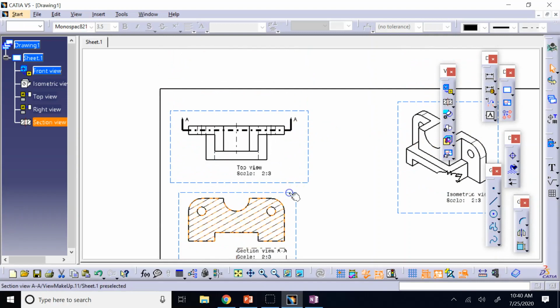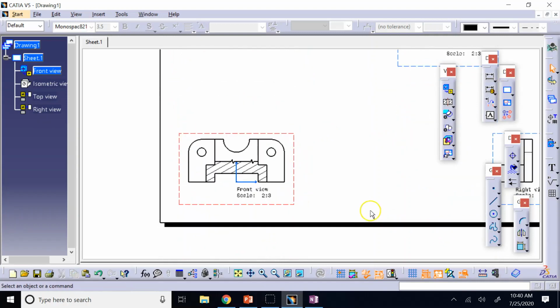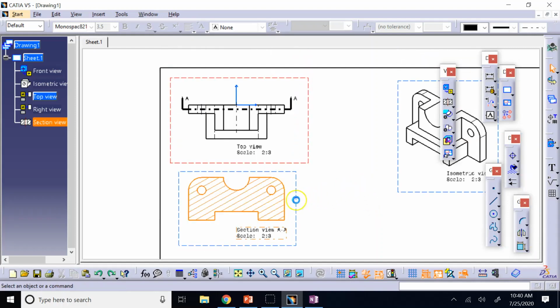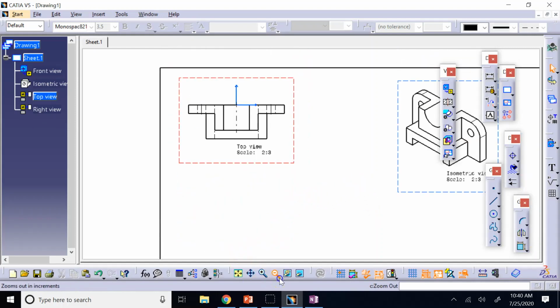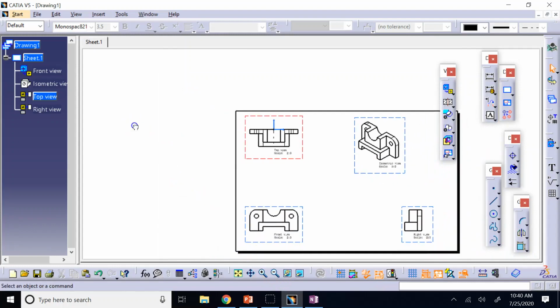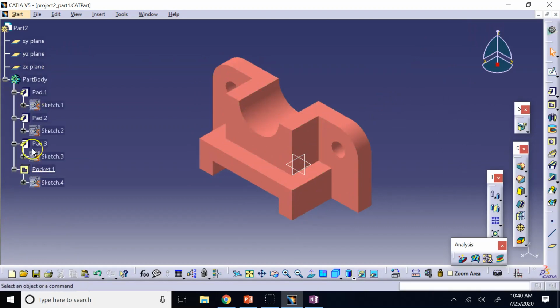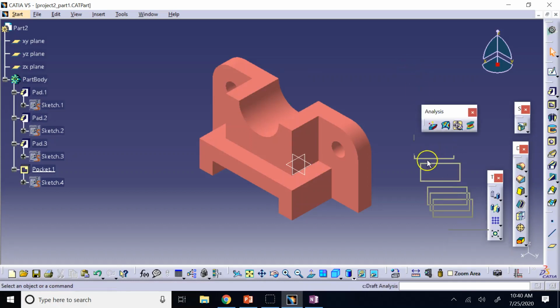So what I would do here is let me undo this cut and make it nicely back. Go back here, and here these holes are just simple extrude or cut extrude, so they are not threaded. Let's see if I can apply a thread to them and then see the difference.